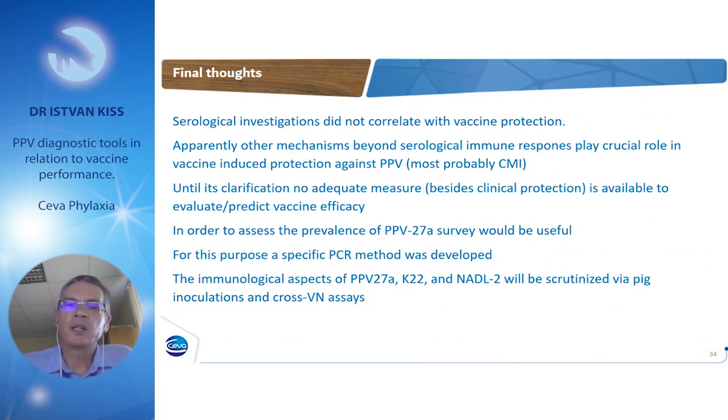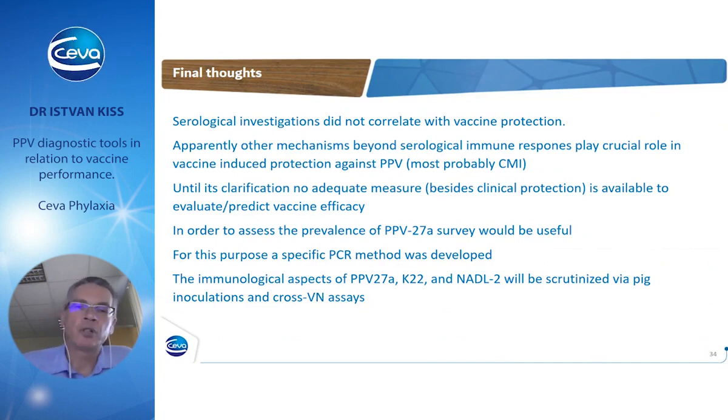Of course, it would be important to find out the real prevalence of 27A virus, so a survey would be useful for this purpose. We already have this method at hand, but we are pushing it forward. We would like to have a qPCR-based method, so this is being designed at the moment.